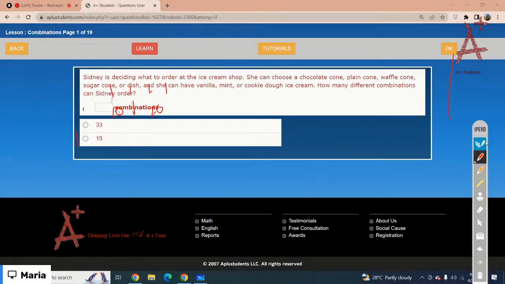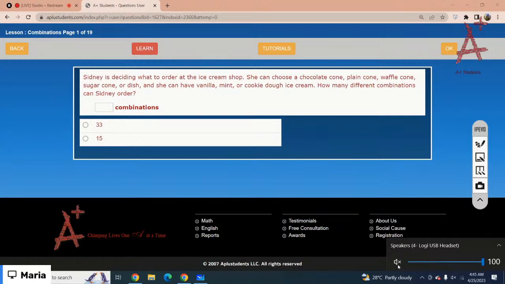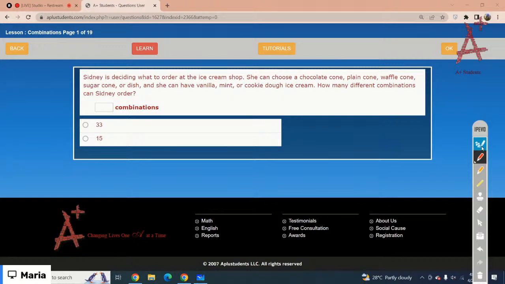Let's just calculate the total options she has. Got it? So for the cone, you have chocolate cone, plain cone, waffle cone, sugar cone, and dish, five options for the cone.